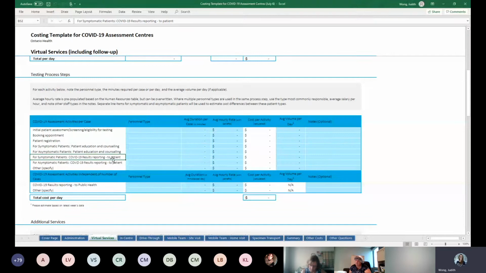So we're including results reporting to both the patient and to public health in this tab, and assuming that all assessment centers would be doing those activities. If you're not doing those activities, and because we absolutely may be wrong about some of our assumptions, yes, leave it blank. Please put a note so that we know you didn't just miss it.